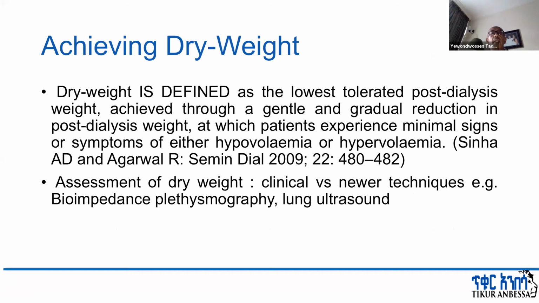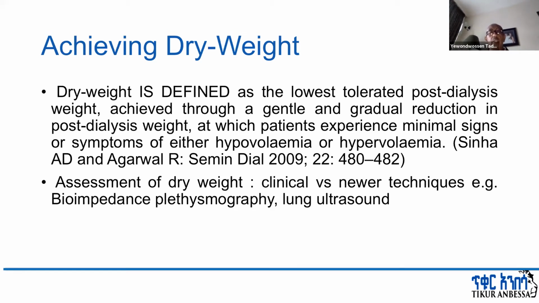We generally assess dry weight clinically by looking at the presence or absence of edema, looking at the JVP, listening to the base of the lungs, and so on. But we know that the assessment of a patient's volume status using clinical parameters has a lot of pitfalls.